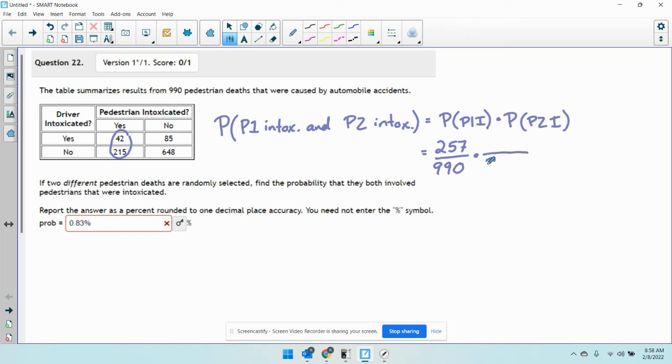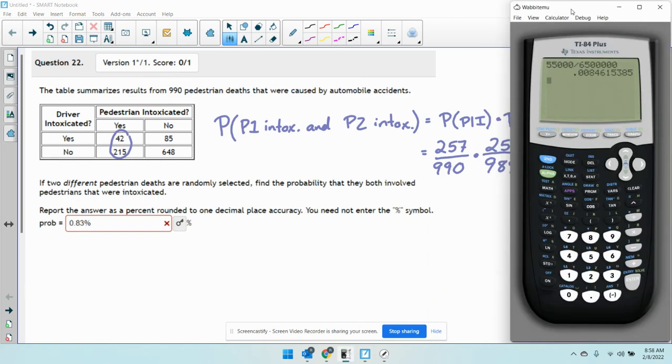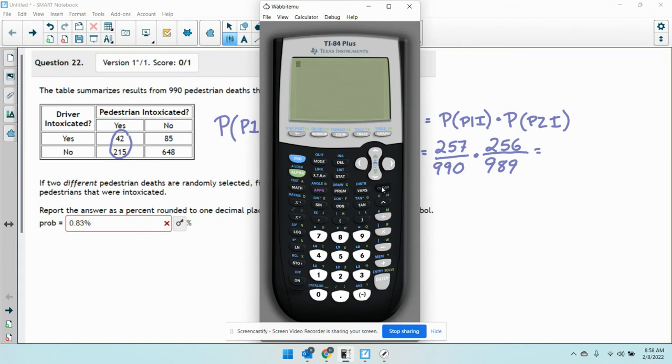So of the accidents, there's 989 left and only 256 possible accidents involving an intoxicated pedestrian since we pulled one on the first selection. So this is just going to be 257 divided by 990 times 256 divided by 989.